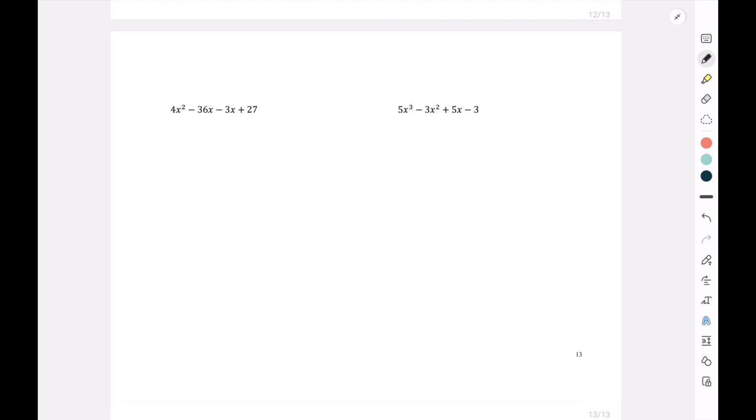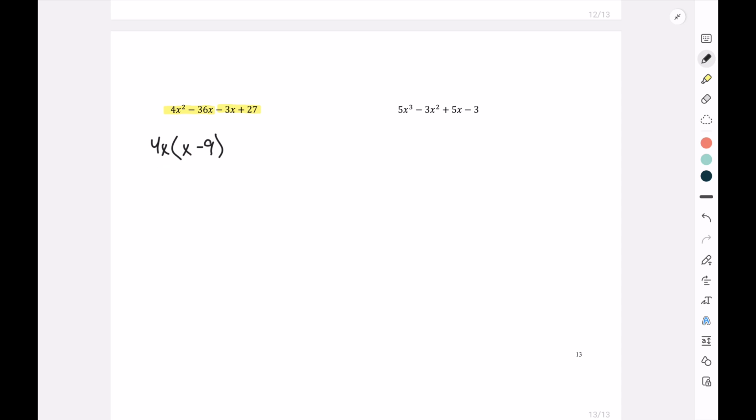So next we are given 4x squared minus 36x minus 3x plus 27. And so we can see that we have our first two and our next two. And if we want to find out what's in common with the first two, we can pull out a 4x, and we're left with x minus 9.